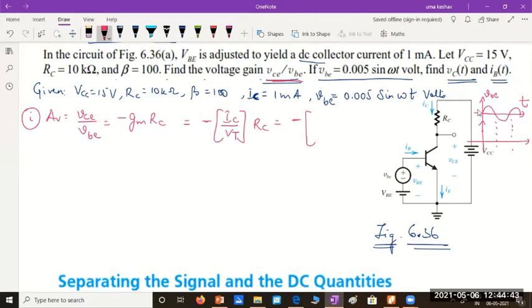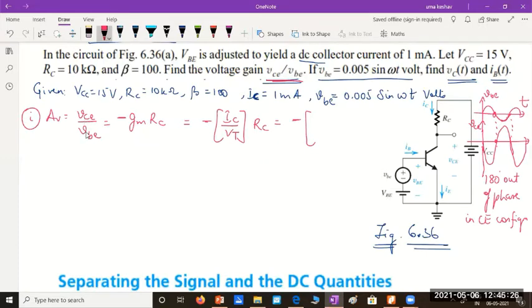If this is the given vbe, a sinusoidal signal, then the output voltage vce will be like this, having the opposite phase of the input. If input is going in its positive half cycle, output would be in the negative half cycle. If input is negative, output will be positive. Output and input are 180 degrees out of phase in this common emitter configuration. Please remember that. So that's why I get a negative value for voltage gain.